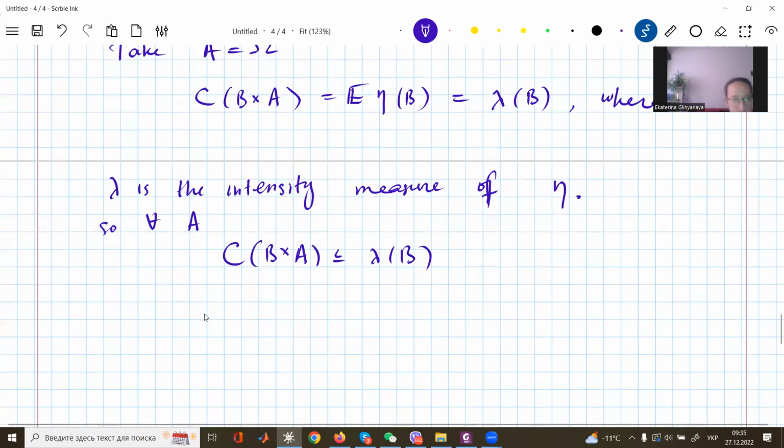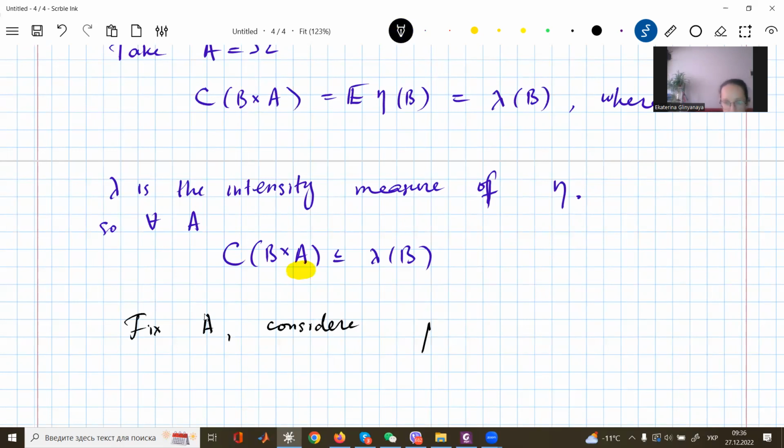Now let us fix subset A and consider this Campbell measure as a function of subset B. So I will write this step: fix A, and we will denote it mu A of subset B. This will be just the Campbell measure on a product.